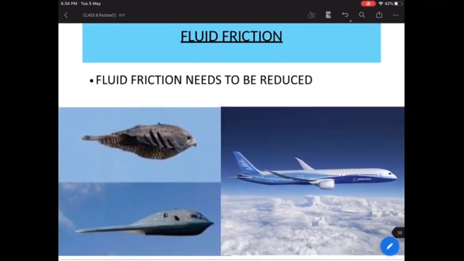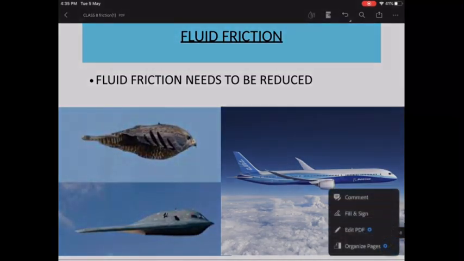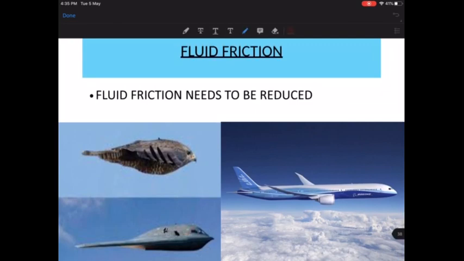Correct? Now, suppose you're flying, do you want your friction to be more or less? I'm not asking on the ground. Of course, on the ground, the friction has to be more in such a way that we are able to walk easily. But suppose you're flying, and while flying you are getting more friction from the front because you are moving like this.